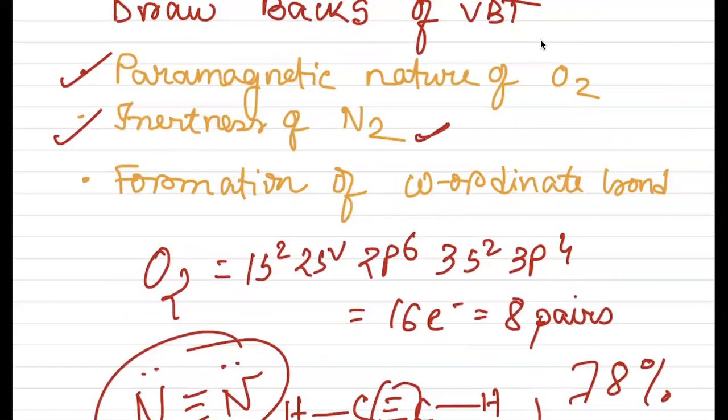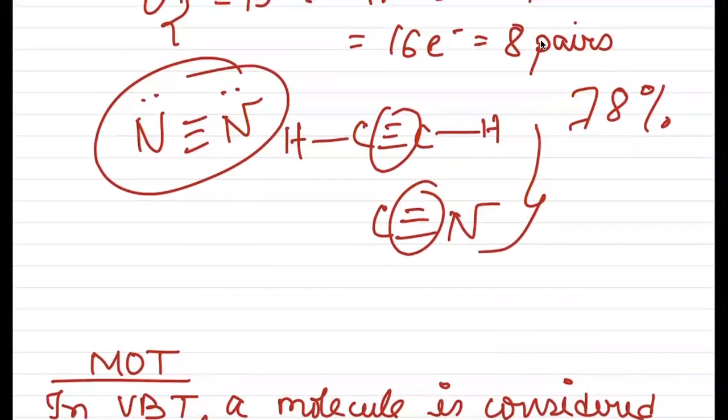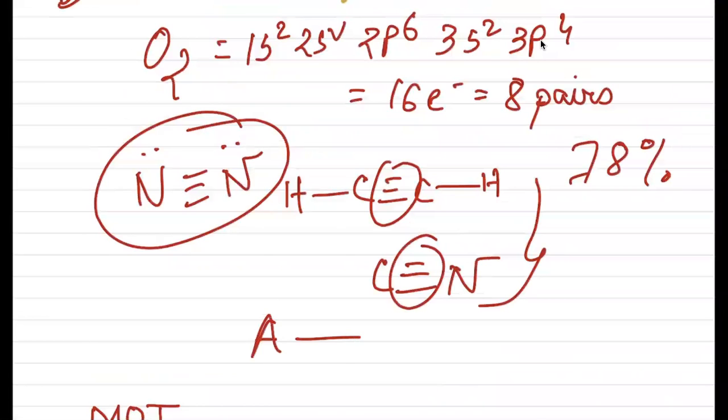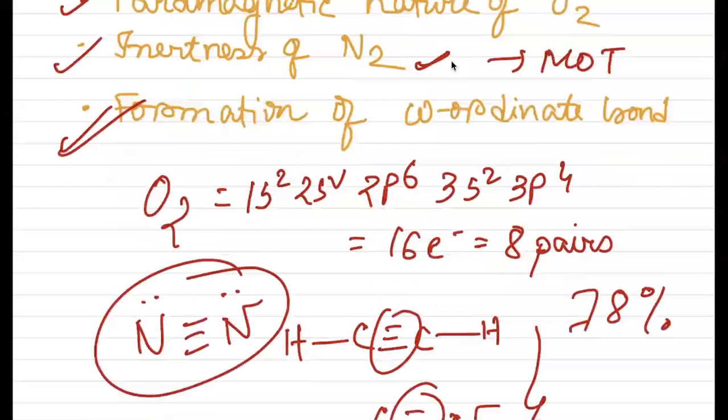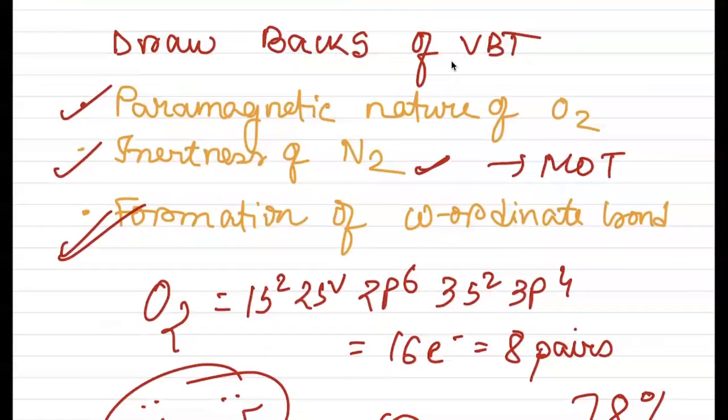We can explain this by MOT, because of the HOMO-LUMO energy difference. And the third is the formation of coordinate bonds, when A gives its electron pair to B and forms a bond. This coordinate bond formation also we cannot understand with the help of VBT.